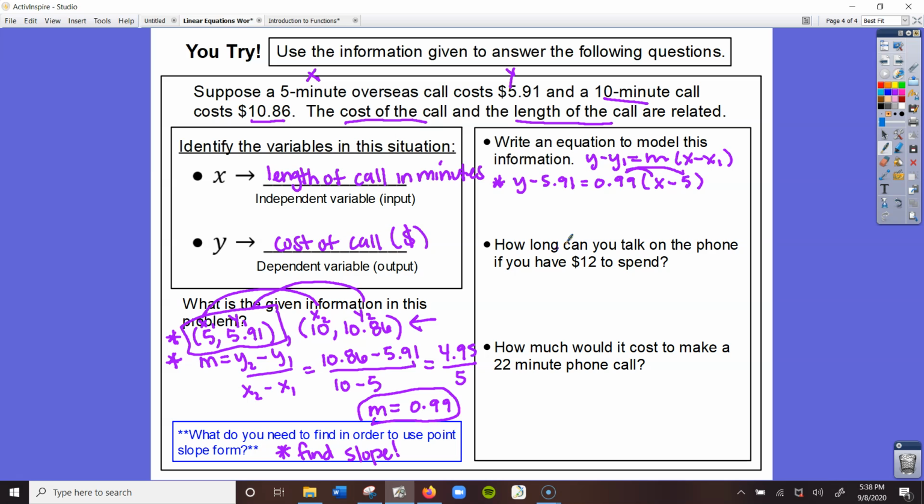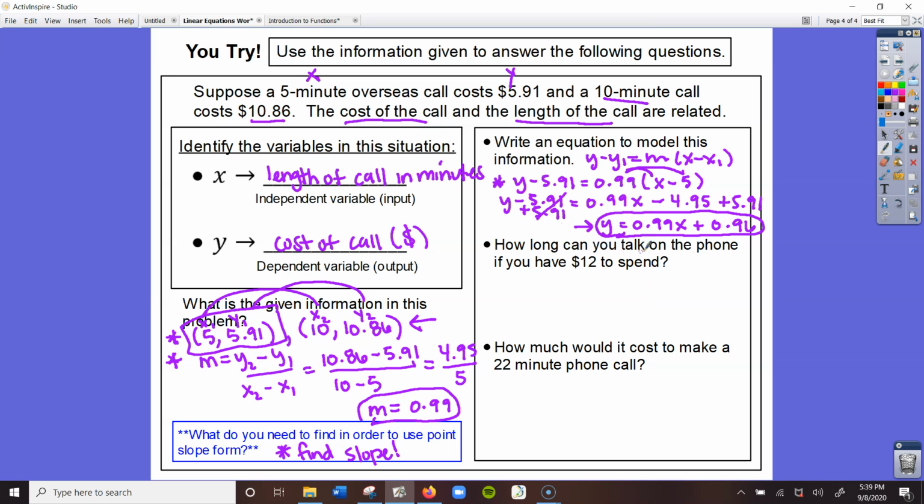We distribute. So y minus 5.91 is equal to 0.99x minus 4.95. Then your final step would be to add the 5.91 over to the other side. When we do that, we get our equation in slope-intercept form, which will be y equals 0.99x plus 0.96.